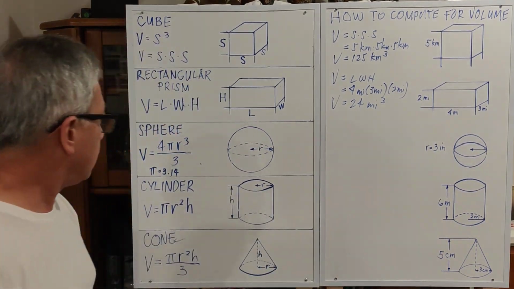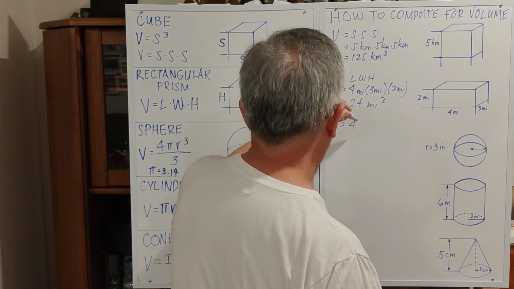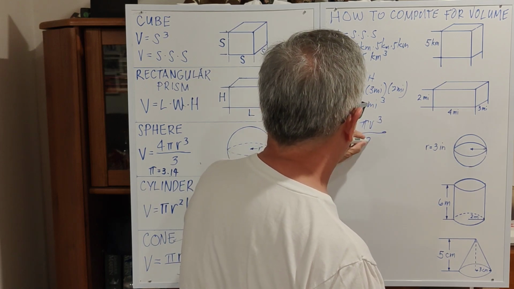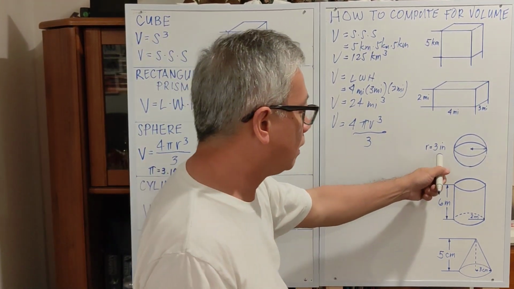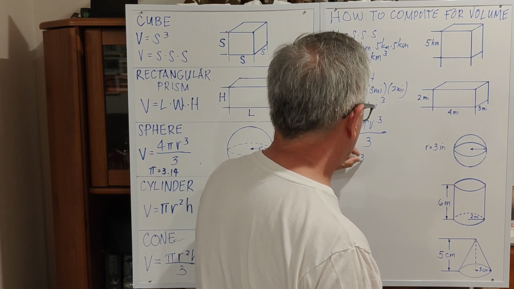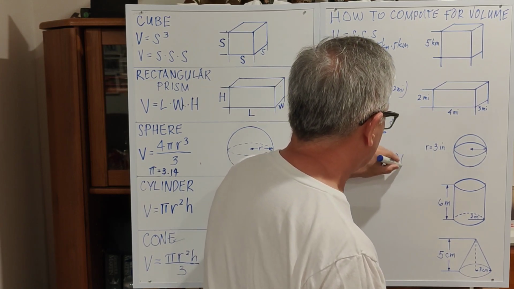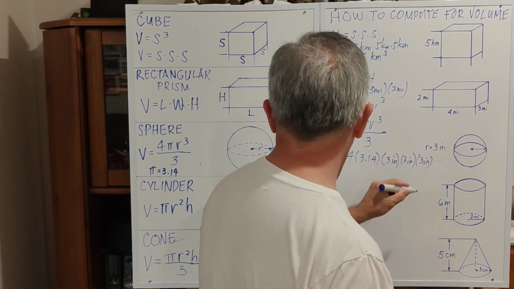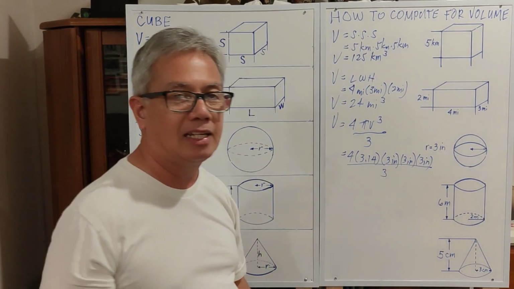Next one is the sphere. The volume of the sphere is 4 pi r cubed divided by 3. We just plug in the value of the radius. 4 times 3.14 times 3 inches times 3 inches times 3 inches divided by 3.